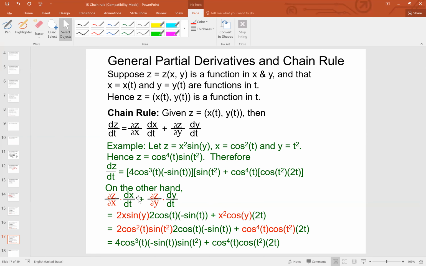Now, in general, you can think of all this composition, where x might be, instead of a function in t, a function in s and t, and then s and t might be functions in u, v, w, and u, v, w might be functions in something else, and so on. How do we keep track of the variables, and how do we take partial derivatives with respect to the end result?